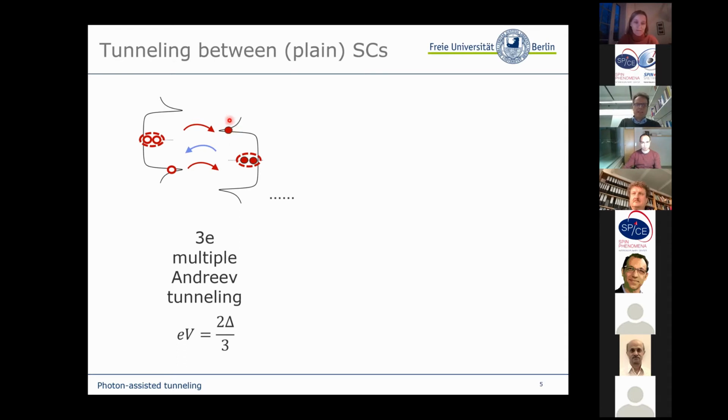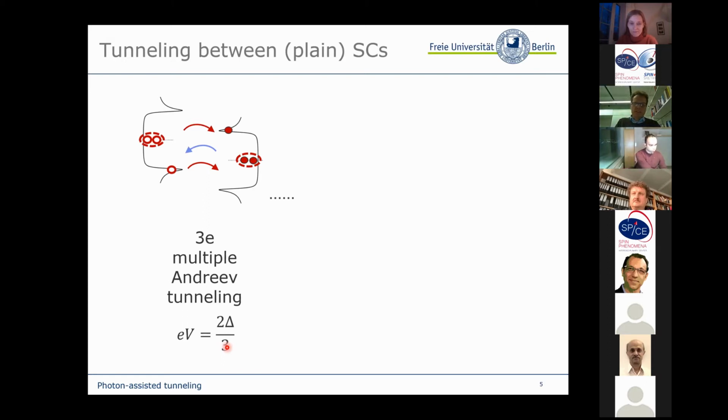So in this process, altogether, we have 3 electrons created in the substrate and removed 3 electrons from the tip. And so the 3 electrons that are tunneling across each gain an energy equal to the bias voltage. And we are creating 2 quasi-particles, so they require an energy twice delta. So this process already occurs when the voltage is larger than twice the gap divided by 3.